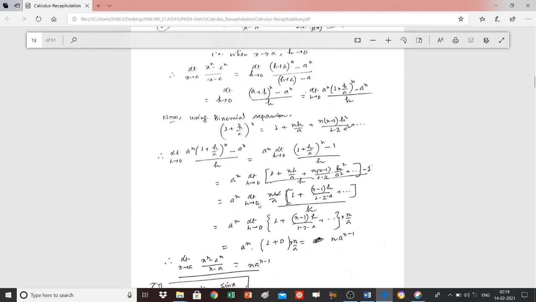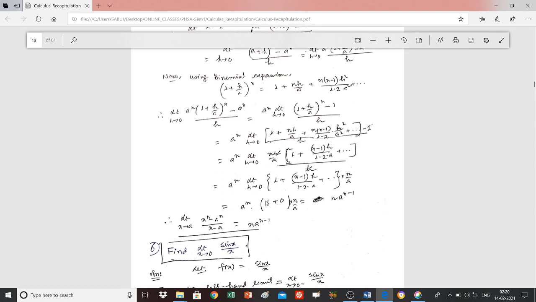Go through some simplification, and that finally gives a to the power n, limit h tends to 0, of n by a plus n into (n minus 1) by 2 factorial into h by a squared plus other terms. Finally, putting h equal to 0, the value of the given limit is n a to the power n minus 1.